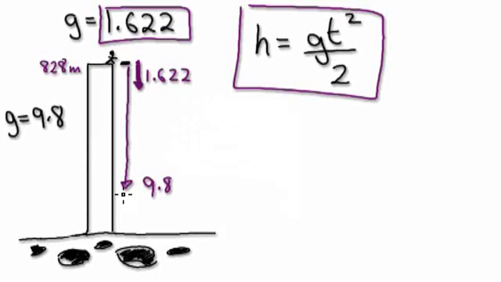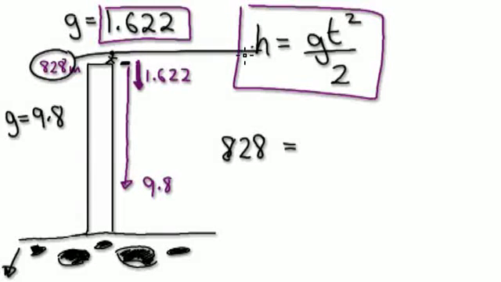Okay, so work out how long it would take for the brick to hit the ground. Remember, it's Dubai Tower on the moon. Press pause and have a go. Okay, so the height of the building is still the same, 828.